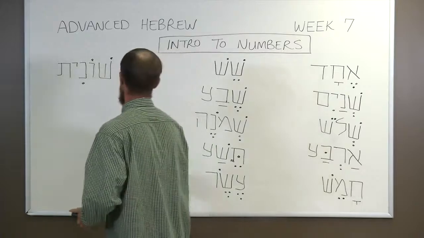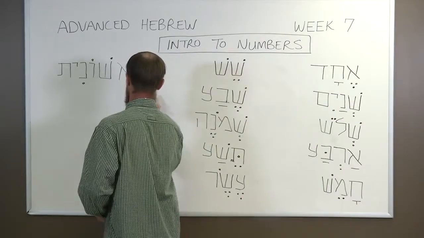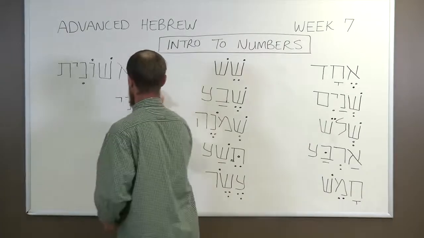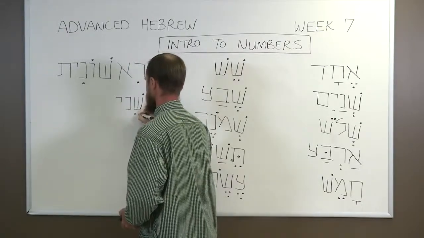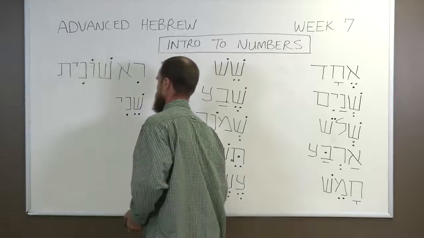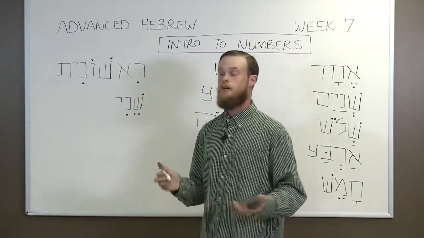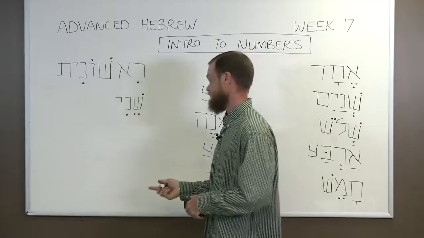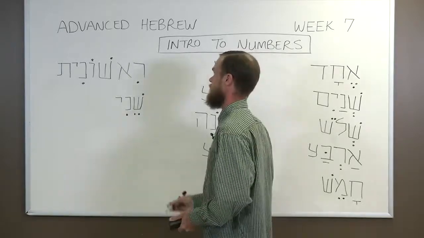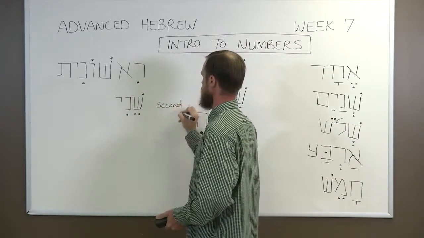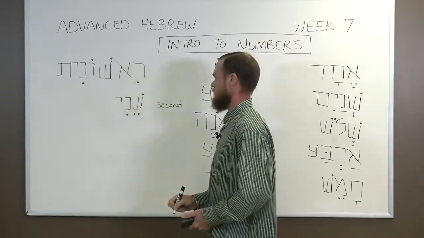Second masculine is Sheni. Not to be confused with Shene. Shene would be 2 in the construct state, but this is Sheni, and it means second, as in second place.